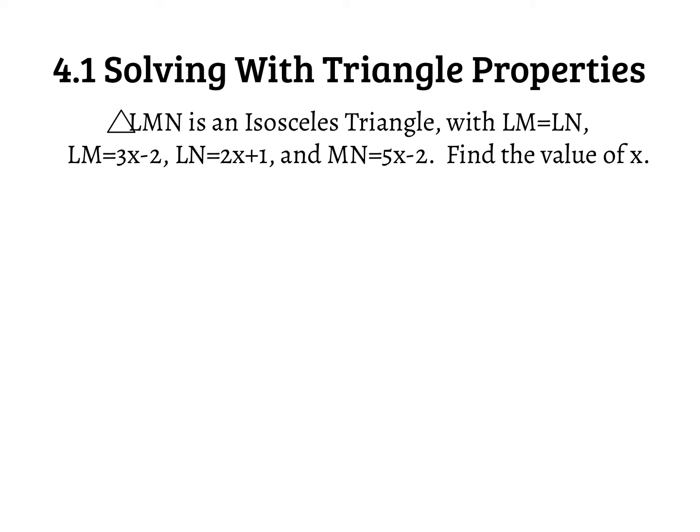So here, we want to take what we learned and what we know to be able to set up a problem and solve it. I'm definitely a visual person, so I have to see the picture. So I'm going to draw it. I'm going to draw a triangle named LMN. That's isosceles. So I need to be able to draw that first. Isosceles means that two sides are congruent.